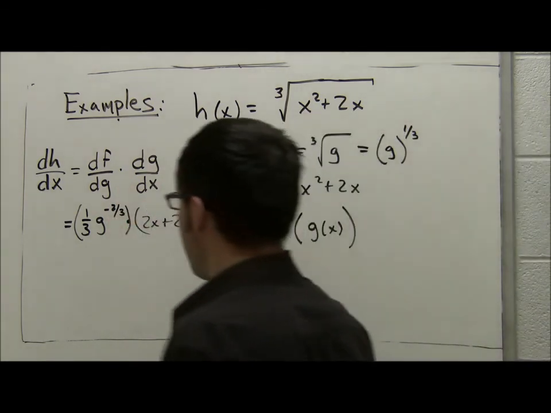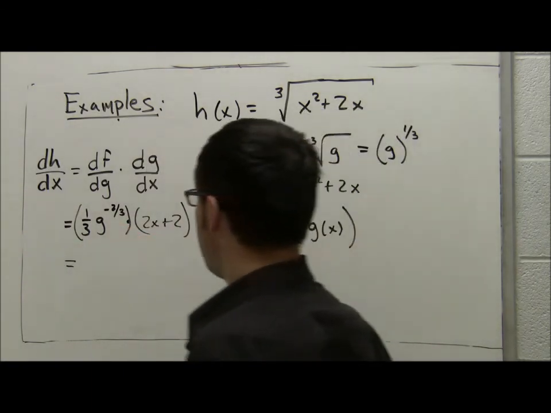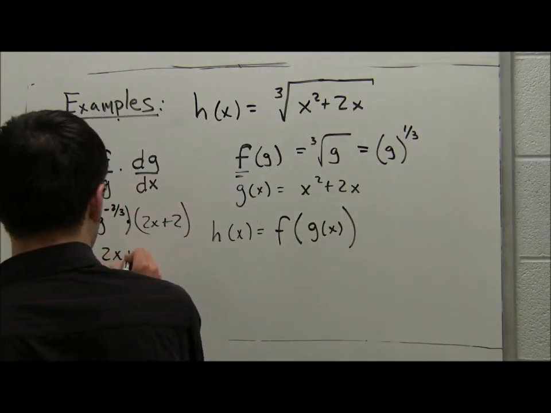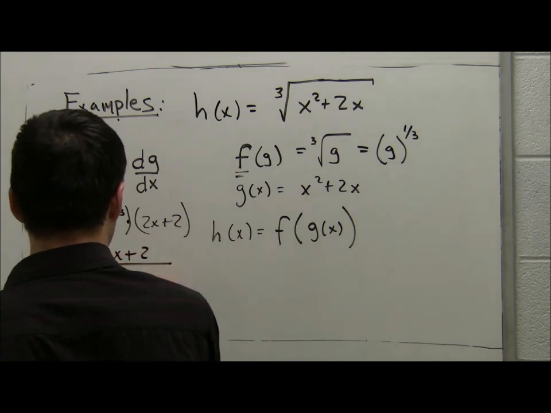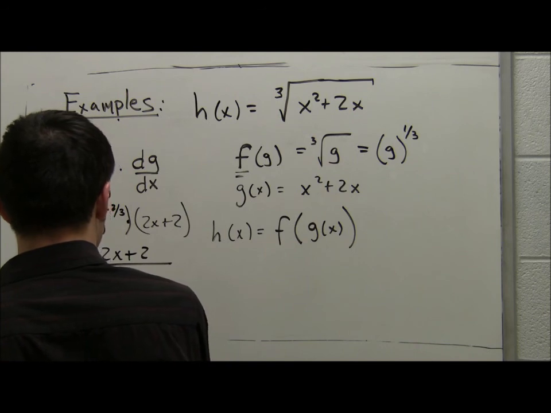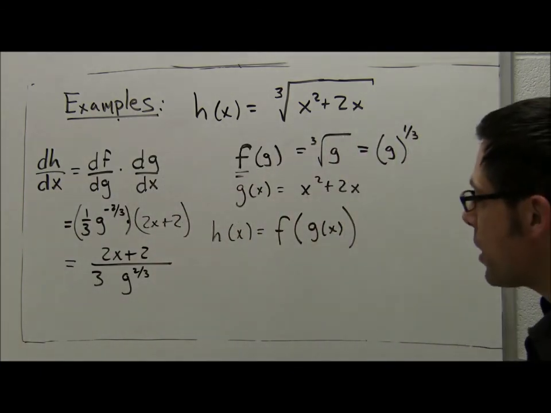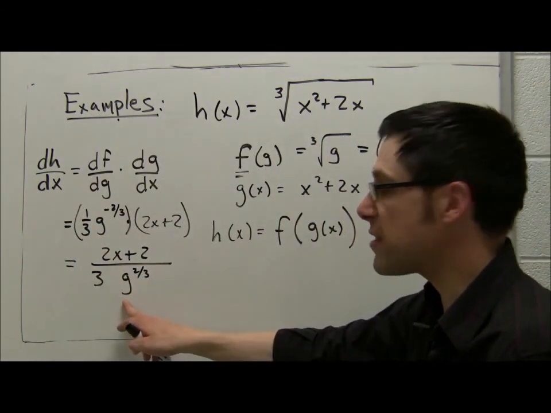Now I'm going to rearrange this, and I want to put the negative exponents down below. So this is the same thing as 2x plus 2, hopefully you can recognize, over 3, and this is g, the cubed root of g. Well, this is g to the 2/3 power. I'll just write it that way. But again, I want this in terms of x.